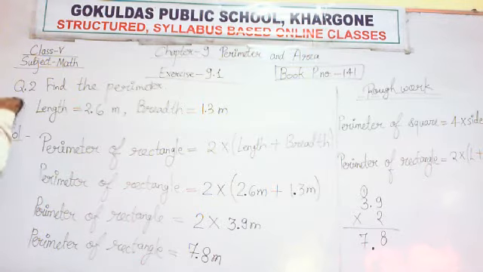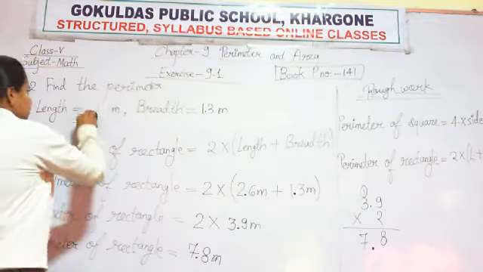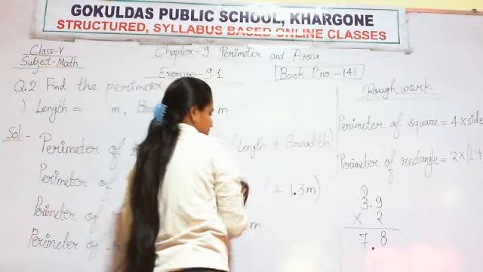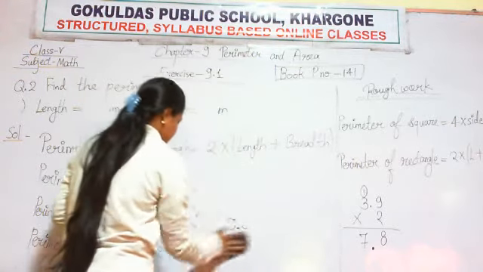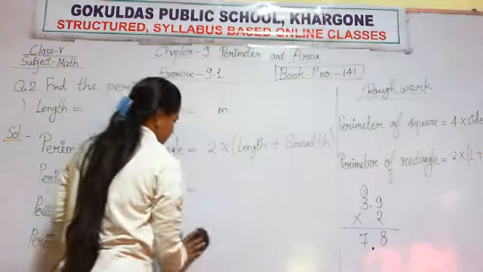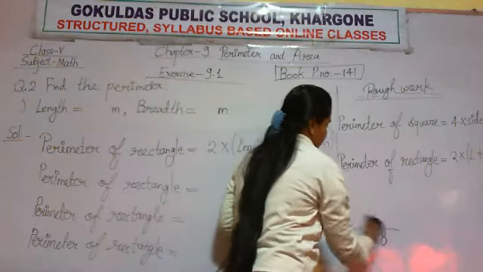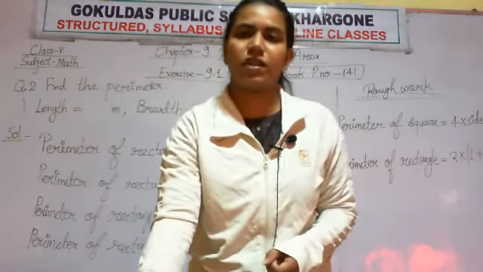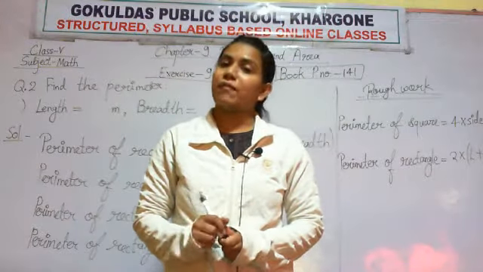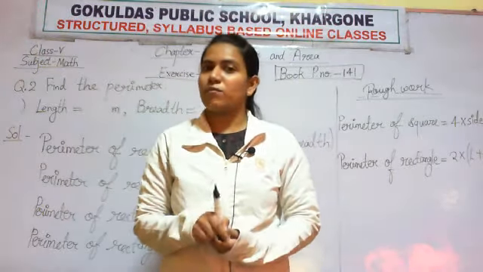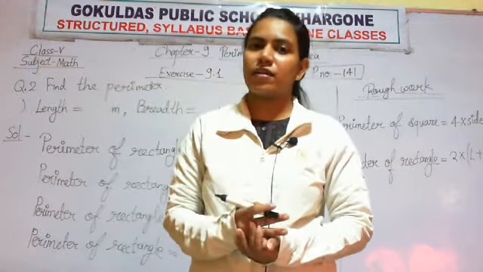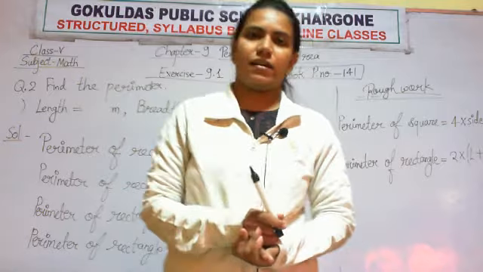Now question number D. In question number D again, length and breadth are given. As we are talking about length and breadth, which figure are we talking about? We are talking about rectangle.